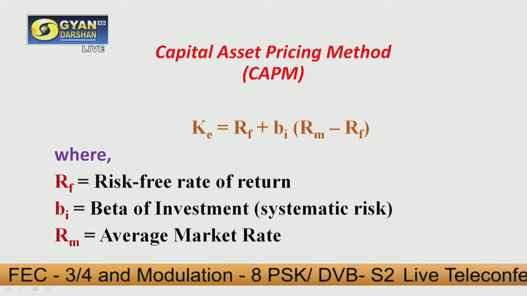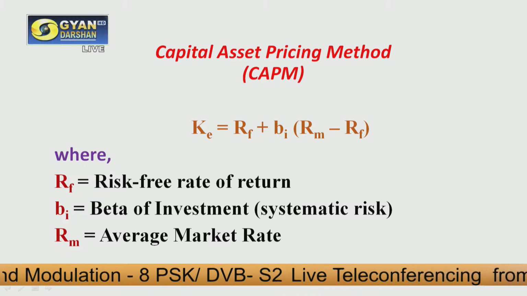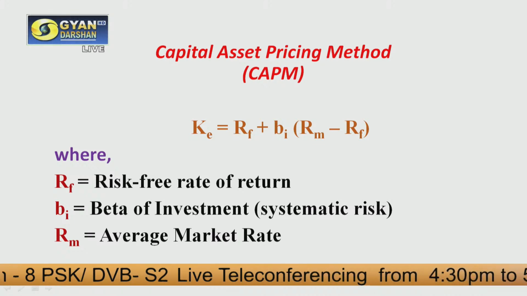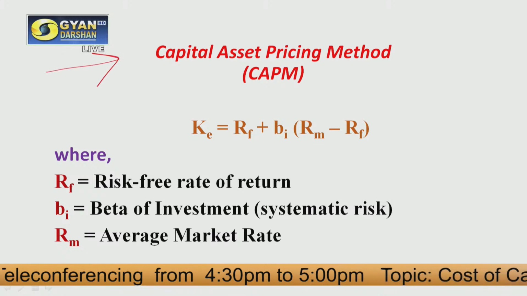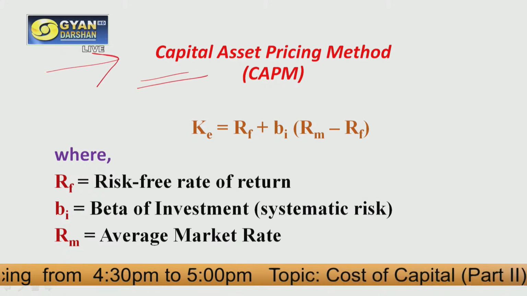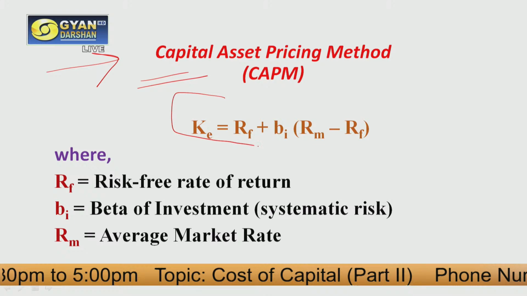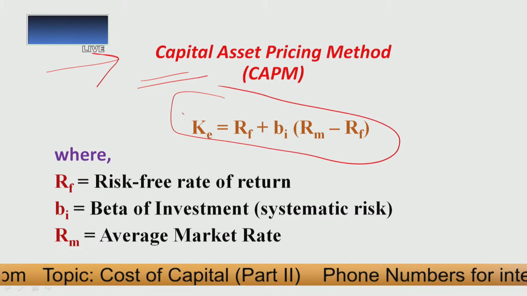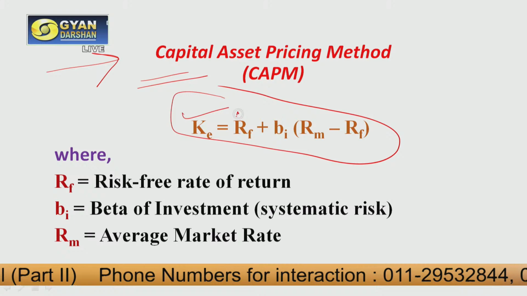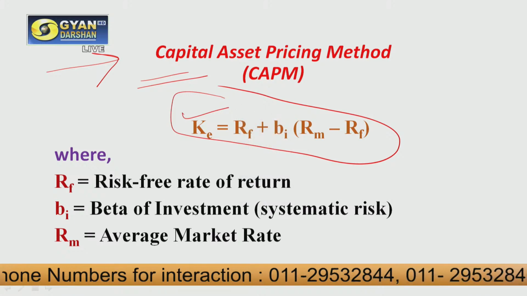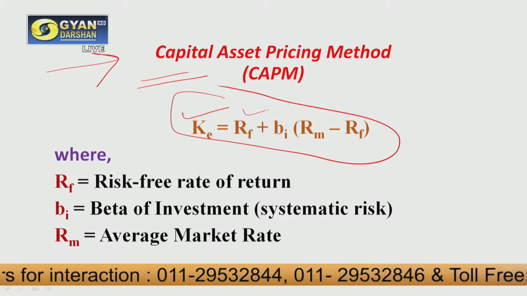Then we have one more method wherein we can calculate cost of equity. This is called the capital asset pricing method, we also call it CAPM. Now there is a quick equation for this wherein KE, cost of equity, can be calculated by using the risk-free rate, which is represented by RF.